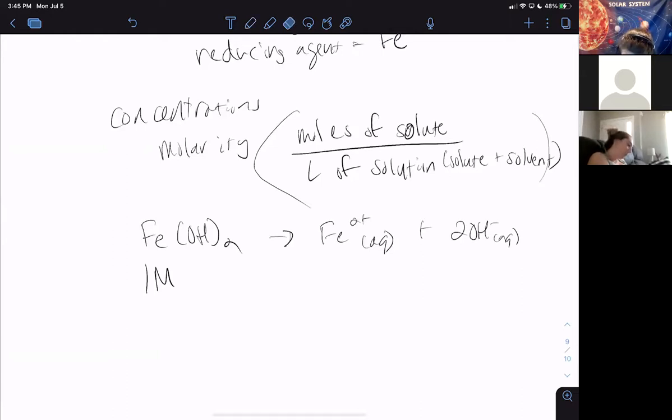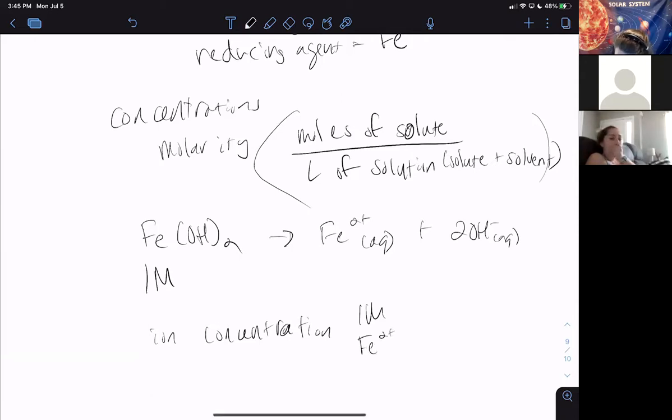Our ion concentration would be 1 molar for Fe2+, but 2 molar for hydroxide ions because of that 2 right there. So you should be able to determine the concentration of ions in solution.